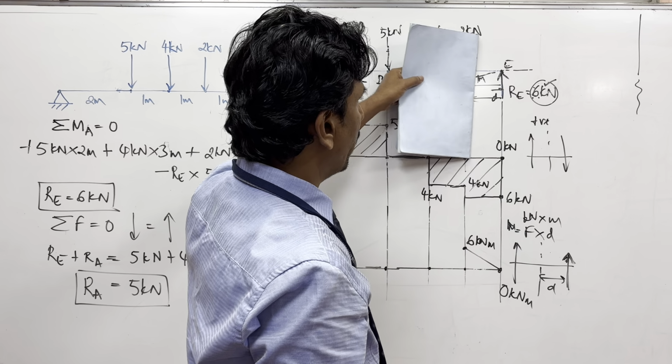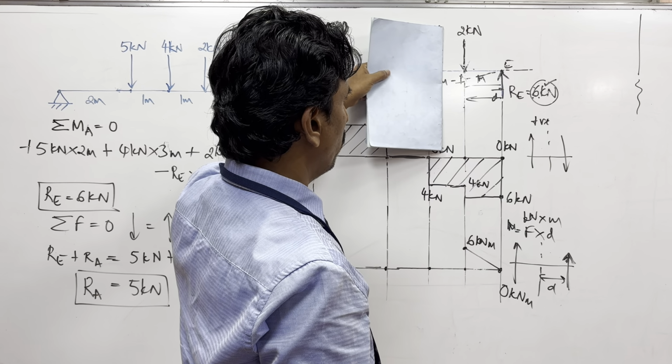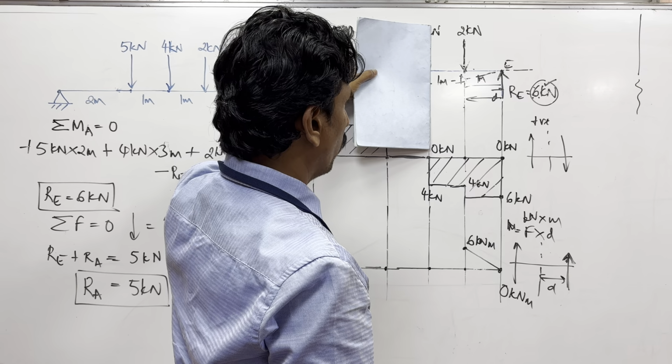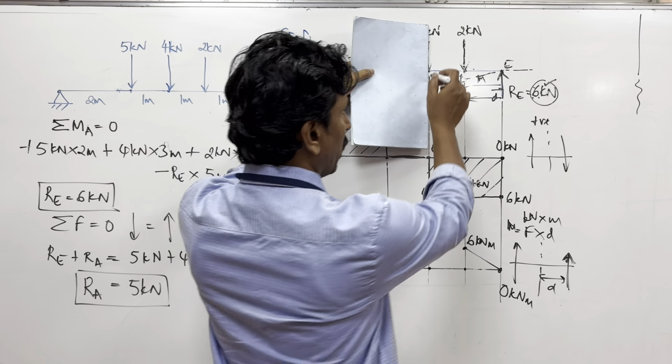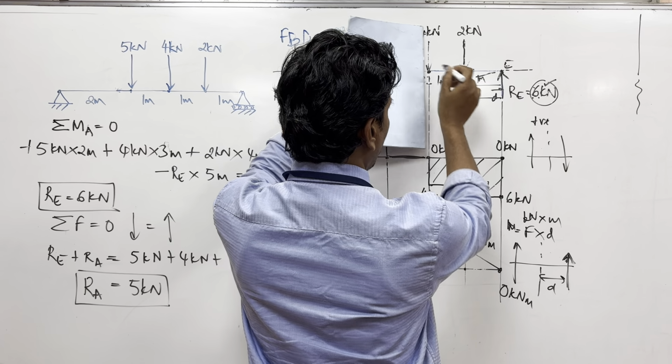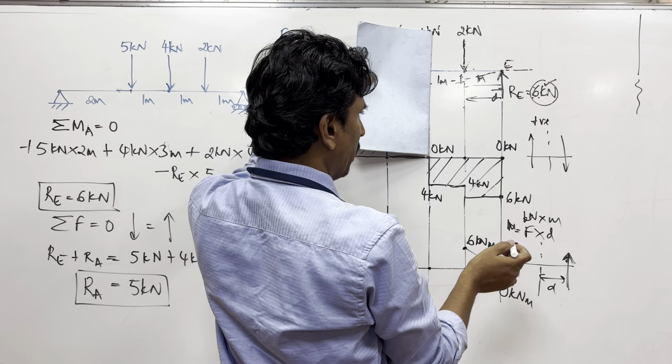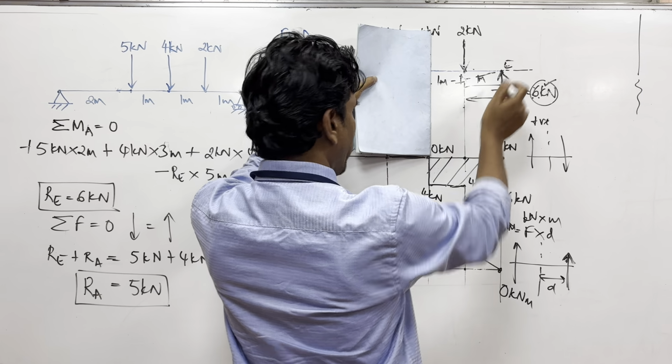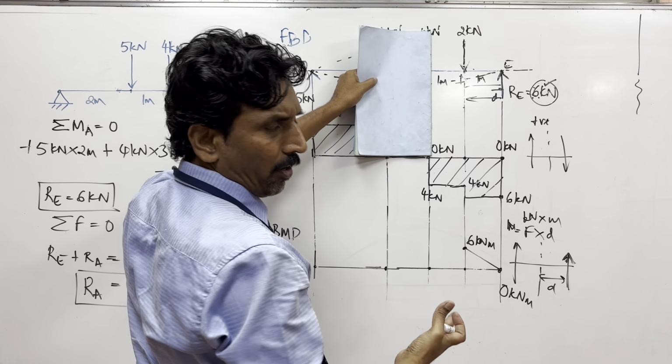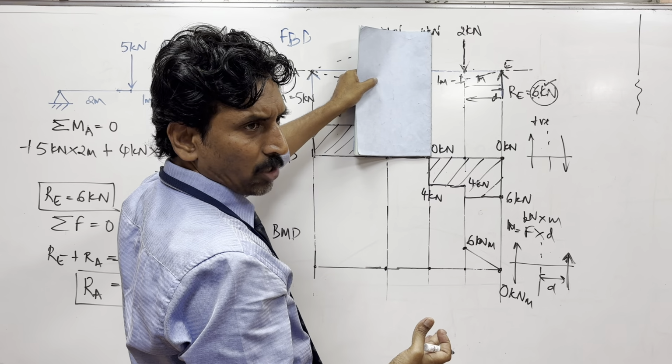Then again I start moving here. As I start moving, I will get one more point here, which is C. Bending moment at C. I'll write it here, because earlier it was easy since there was only one force.